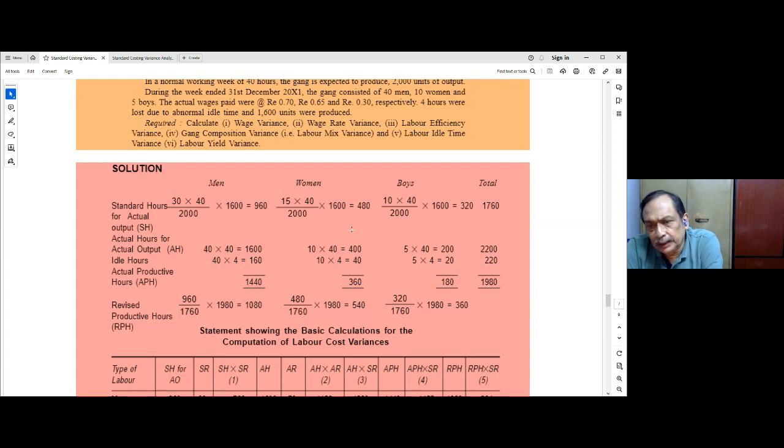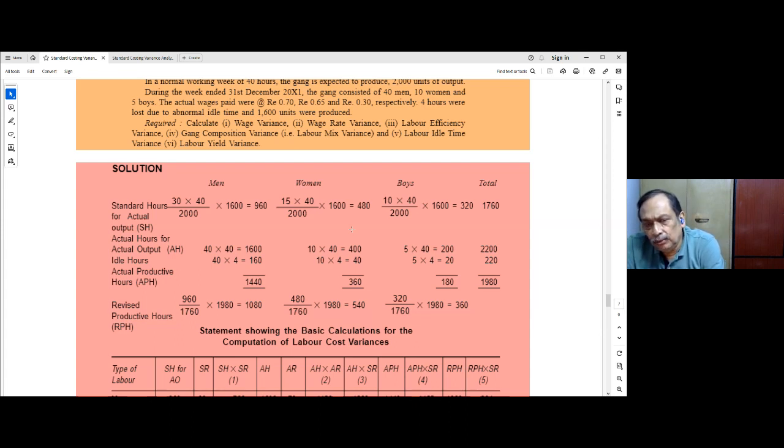And for boys, it is 320 divided by 1760 multiplied by 1980, which comes to 360. So standard hours for actual output, SH, actual hours for actual output, AH, idle hours, actual productive hours, APH, and revised productive hours, RPH, all we have calculated.